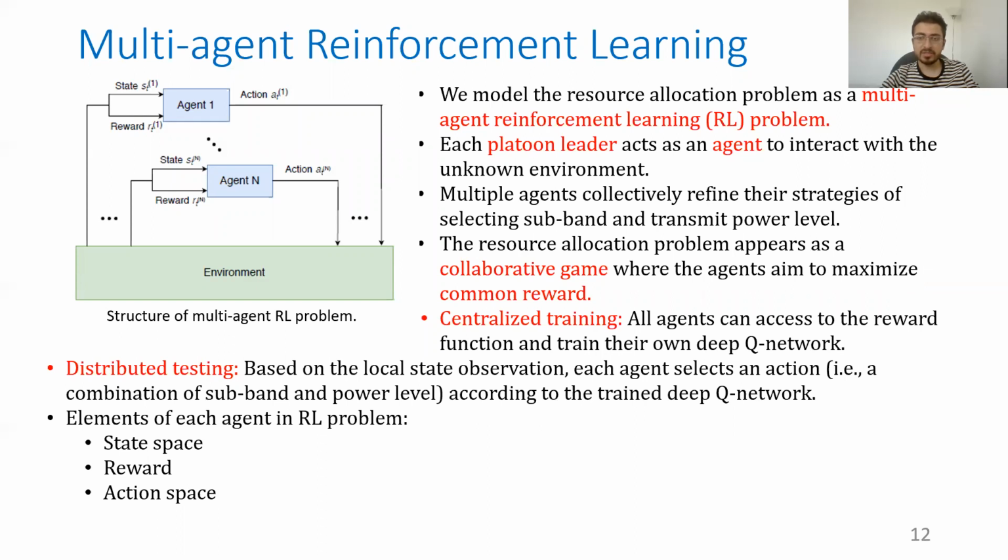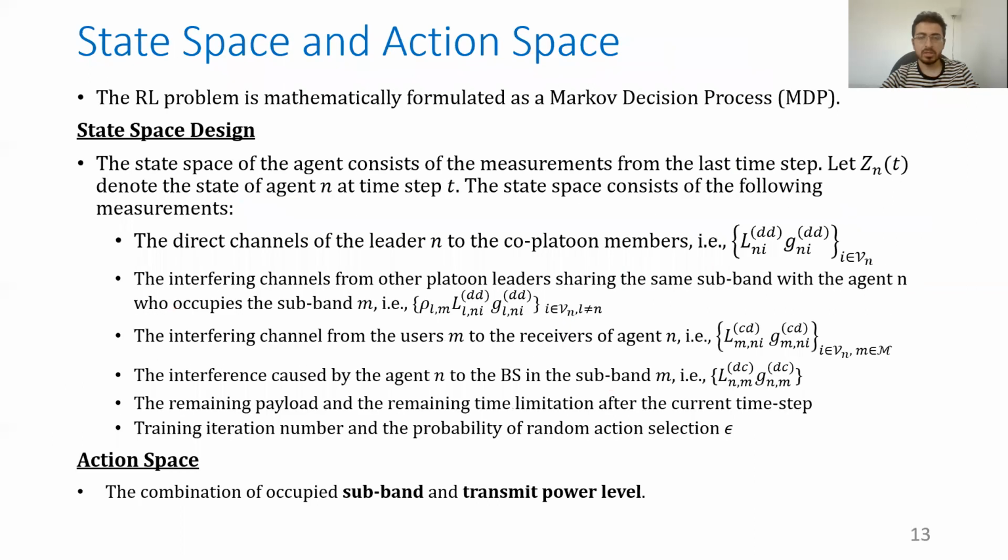Moreover, the testing is implemented in a distributed manner where the trained deep Q network is used to select the action. So there are three main elements in a reinforcement learning problem, which are the state space, action space, and reward design. Moving on to the state space design, it consists of the measurements from the last time step for each of the agents.